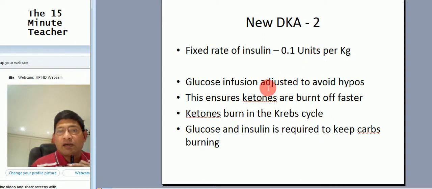Fixed rate insulin is better than variable rate for 2 reasons. Number one, fixed rate insulin prevents ketone bodies from being formed, and secondly, it ensures that there is a good glucose metabolic process going on, and the Krebs cycle is quite active, which will burn up ketones quicker.